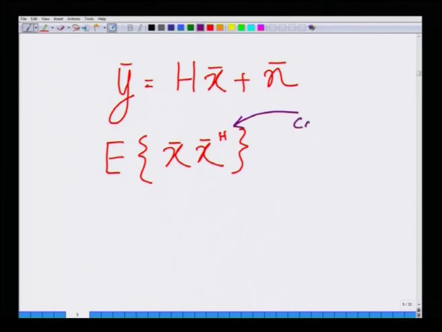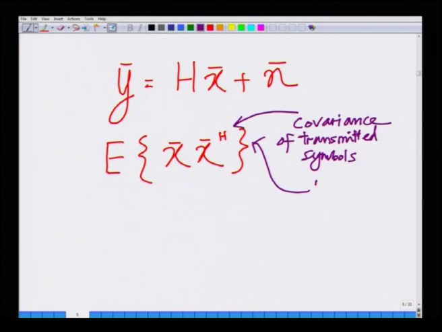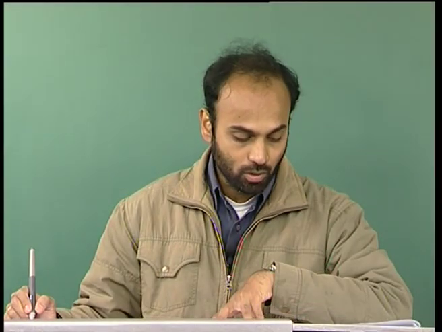This is nothing but the covariance of the transmitted symbols. This is also termed as the transmit covariance.